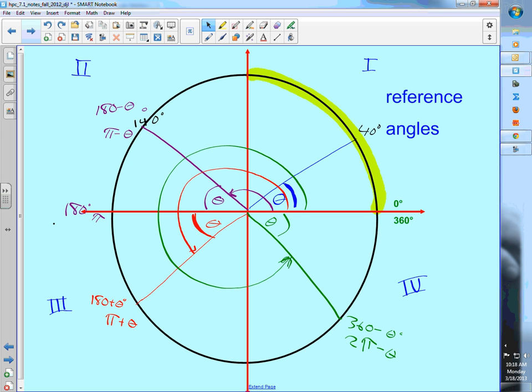So it's 180, the horizontal, minus theta into quadrant 2, 180 plus theta in quadrant 3, and 360 minus theta in quadrant 4. You never go off the vertical. You never do 90 plus something or 270 plus or minus something. If you find yourself doing that, it's wrong.